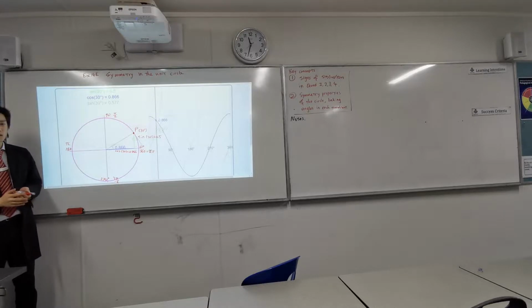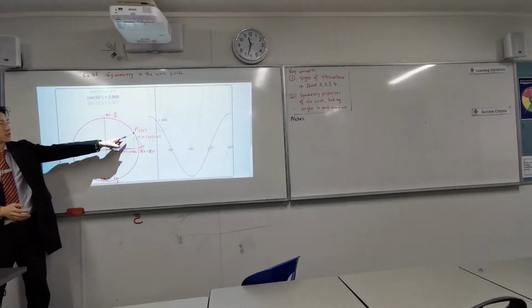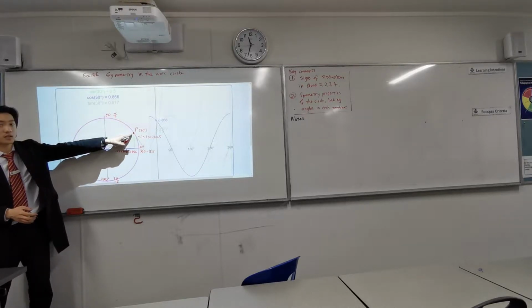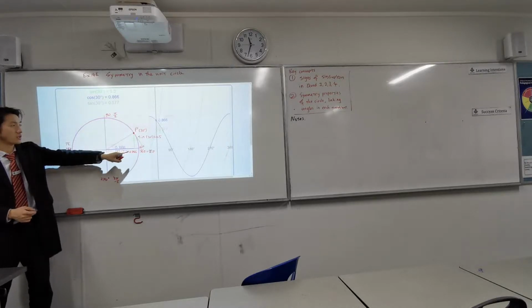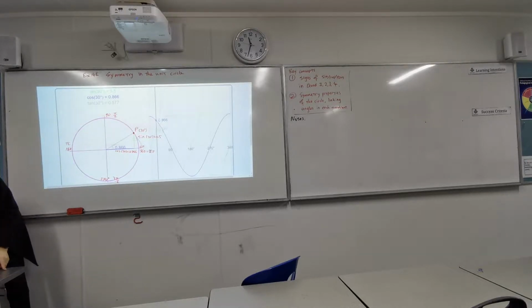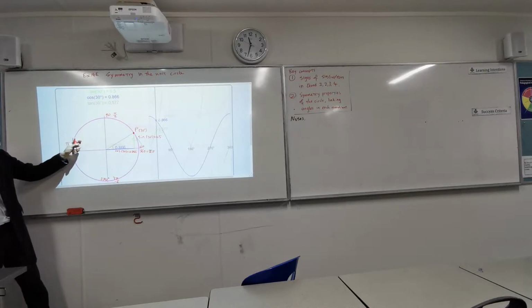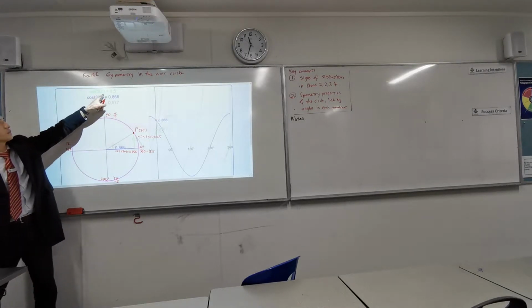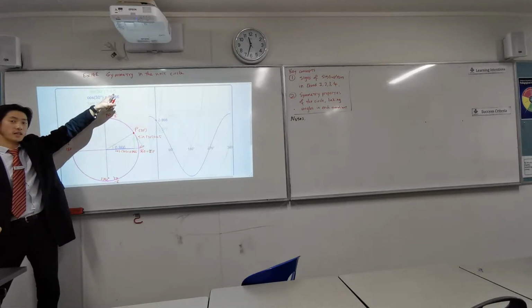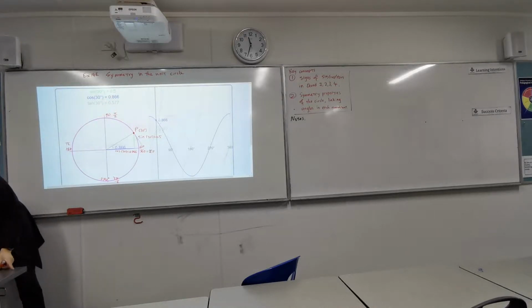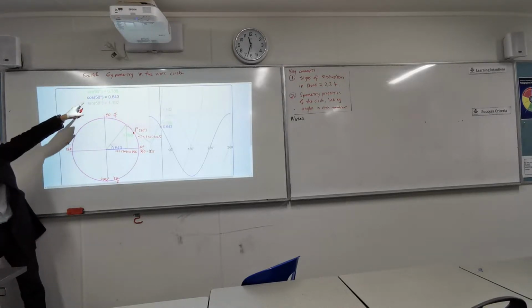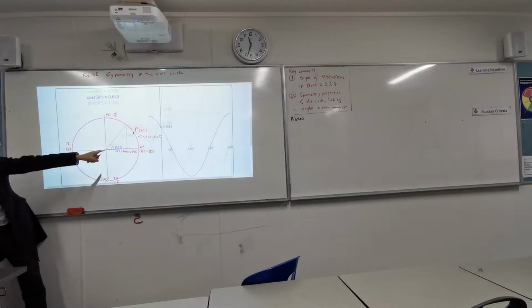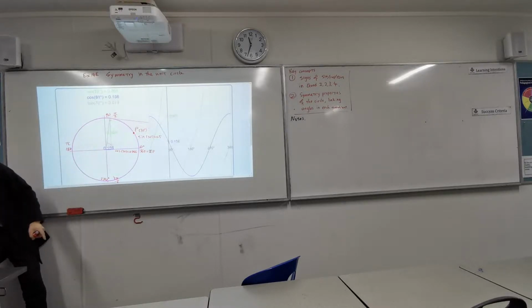Right, so let's see where this coordinate appears in other parts of the quadrant. As I keep going to the other parts of the quadrant, notice when sine of 30 degrees becomes 0.5 again. So look at that value up there. That corresponds to the height of this triangle.